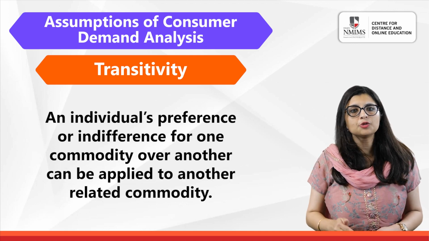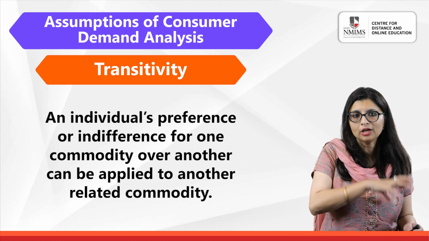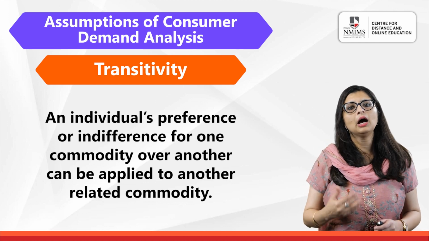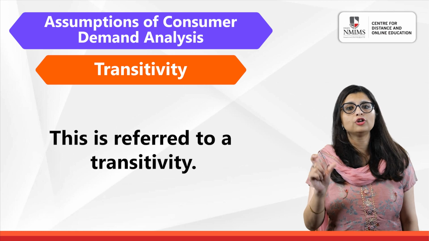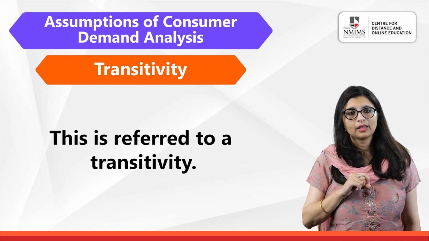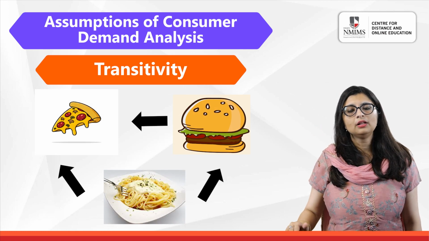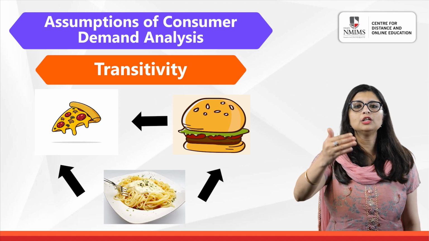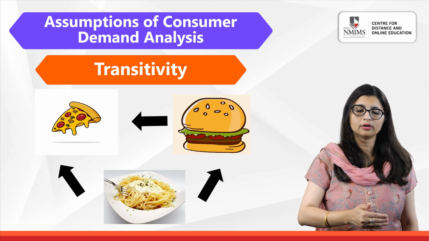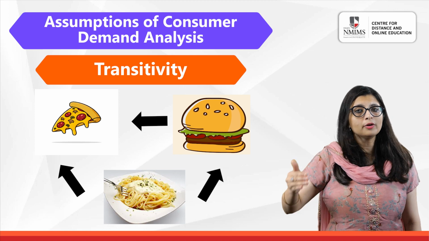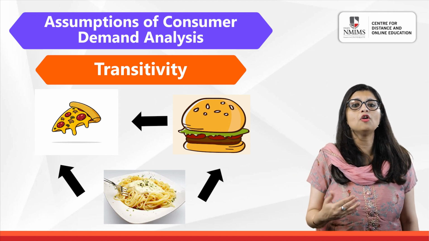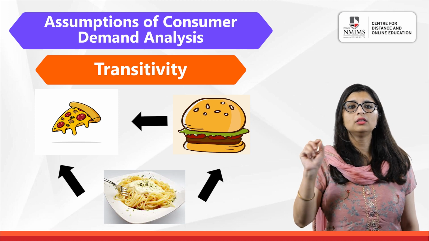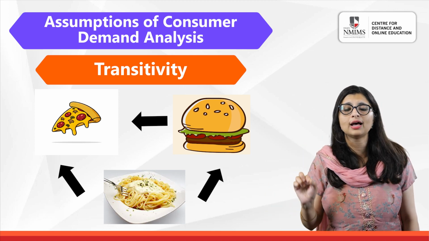An individual's preference for one commodity over another can be applied to other related commodities, and this is what is referred to as transitivity. In the above example, if an individual chooses pizza over burger or burger over pasta, then the individual would prefer pizza over pasta too, as per the assumption of transitivity.